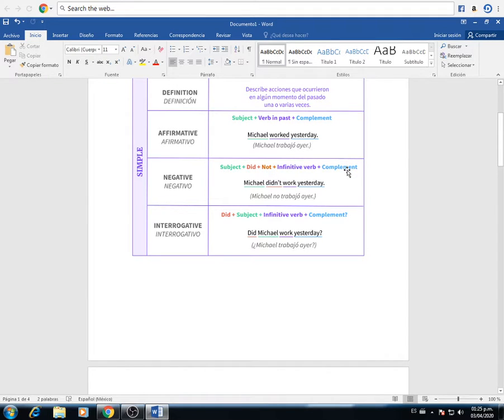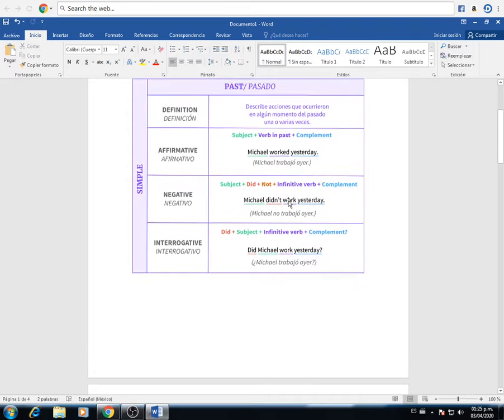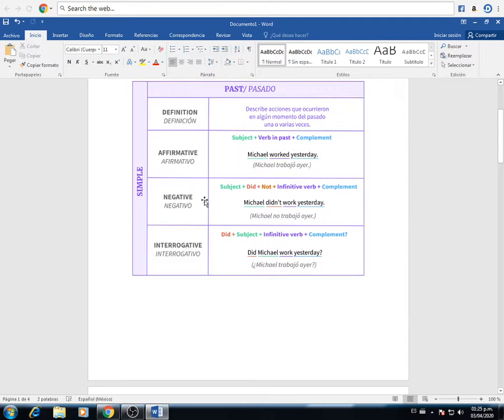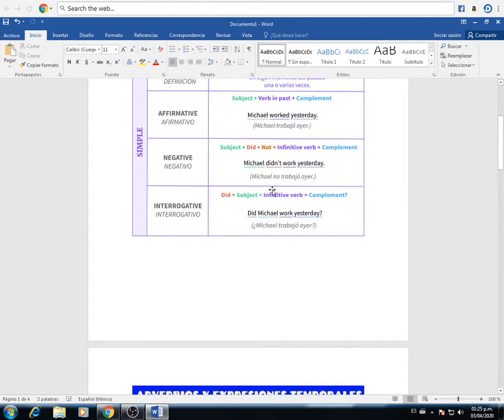in the past. Now, if you want to change these sentences to negative form, it's necessary that you write subject, the auxiliary did. This auxiliary is the simple past.